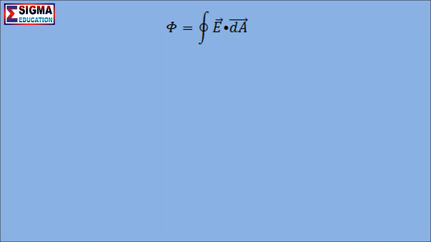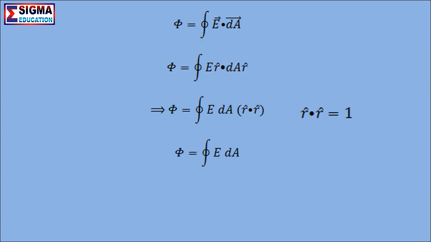Now we find the electric flux through the Gaussian surface by using the formula phi equal to closed integration vector E dot dA. On putting the values of vector E and vector dA and solving, we get phi equal to closed integration E dA. The Gaussian surface is symmetrical about the charge distribution.